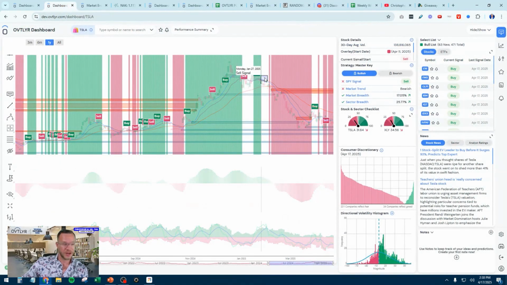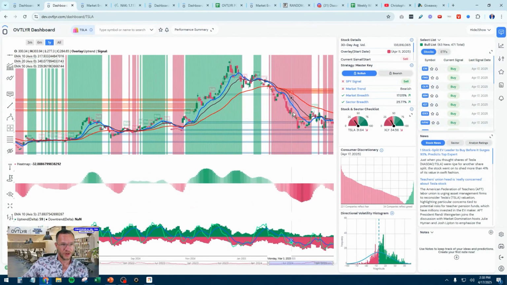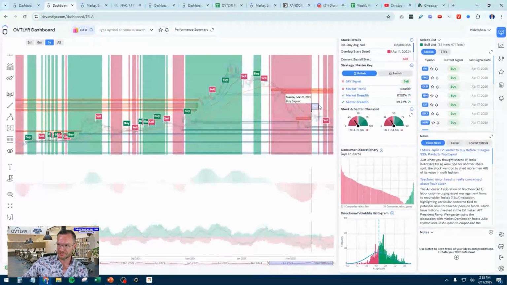Sell signal came right at the top, the whole way down. Of course, a little buy signal, it looks like, came through here recently with another sell signal. I'm not hovering on it just right. Like I say, this is still in dev. There it goes. Buy signal came through. Another sell signal came through recently.